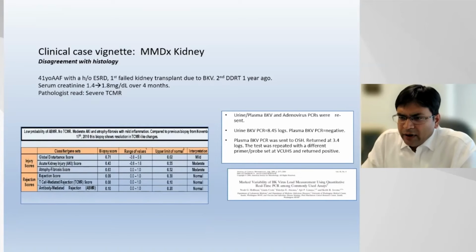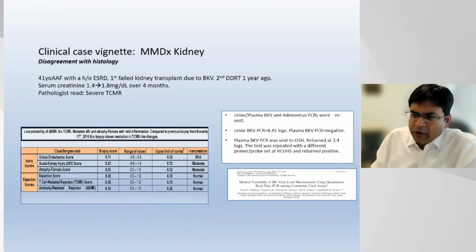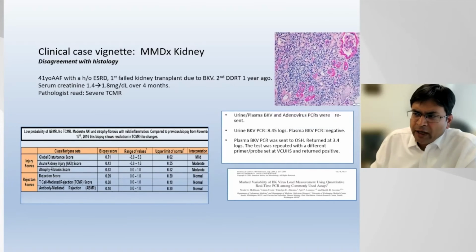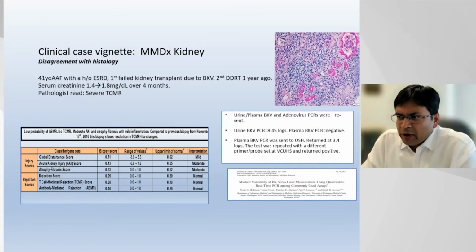On the other hand, the MMDx showed low probability of either ABMR or TCMR. But when you look at the histology of this kidney, it is grossly inflamed. You can see severe inflammation, which is essentially completely involving the tubules in the section.